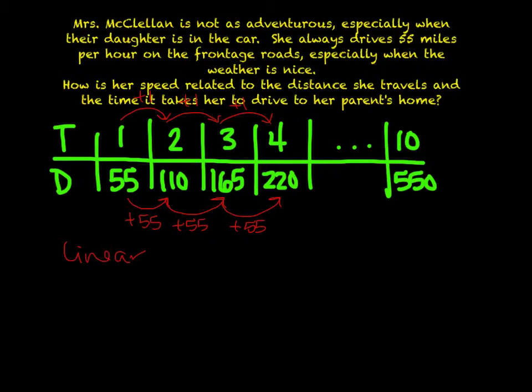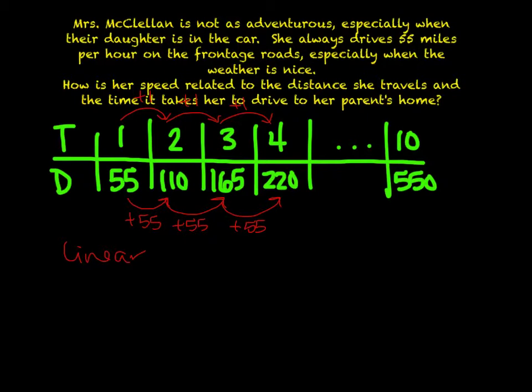If we were looking at the other pattern that we were using with Mr. McClellan, we wouldn't find a constant change in our speed in our time in comparison to the speed. They would end up being all over the place and kind of crazy. So instead, we can look at this one and we can see that there is a clear linear relationship.